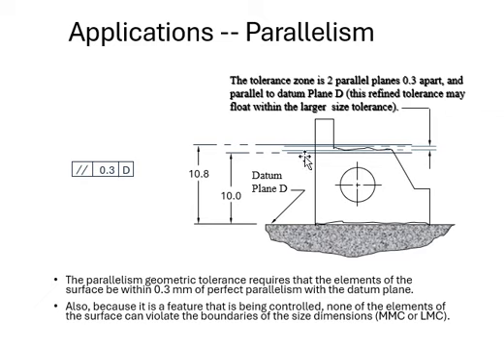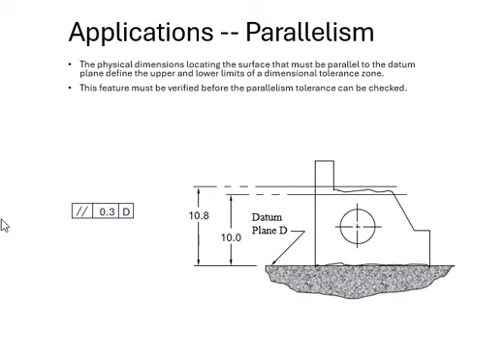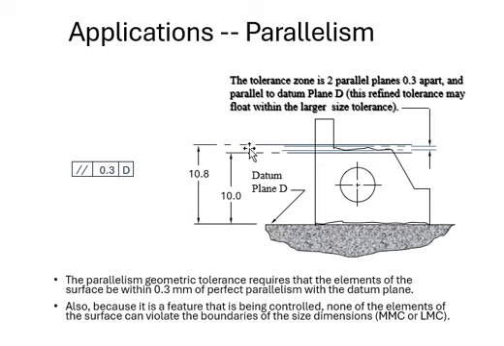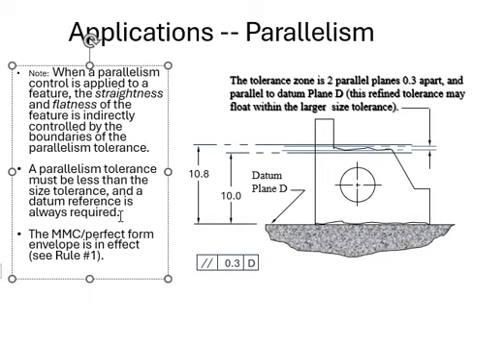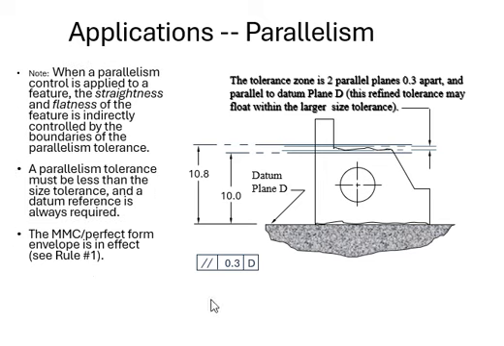So this is supposed to be right here in the two ways. That's going to be 0.8 right there, and here is going to be 0.3. I don't know why he didn't write it down here. I found out when I was doing this slide, so don't worry about it, because your parallelism tolerance has got to be always less, like 0.3, than your size tolerance.